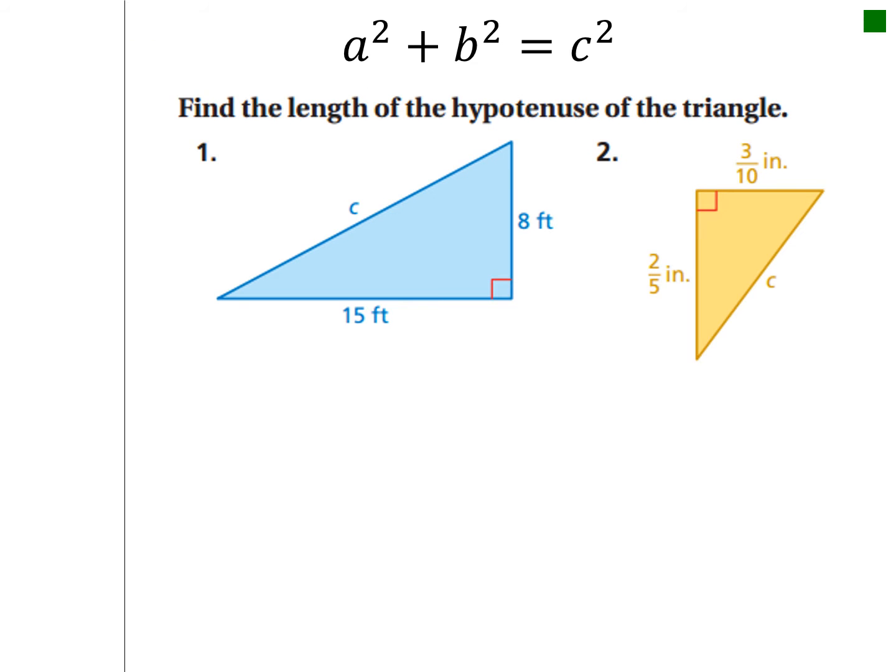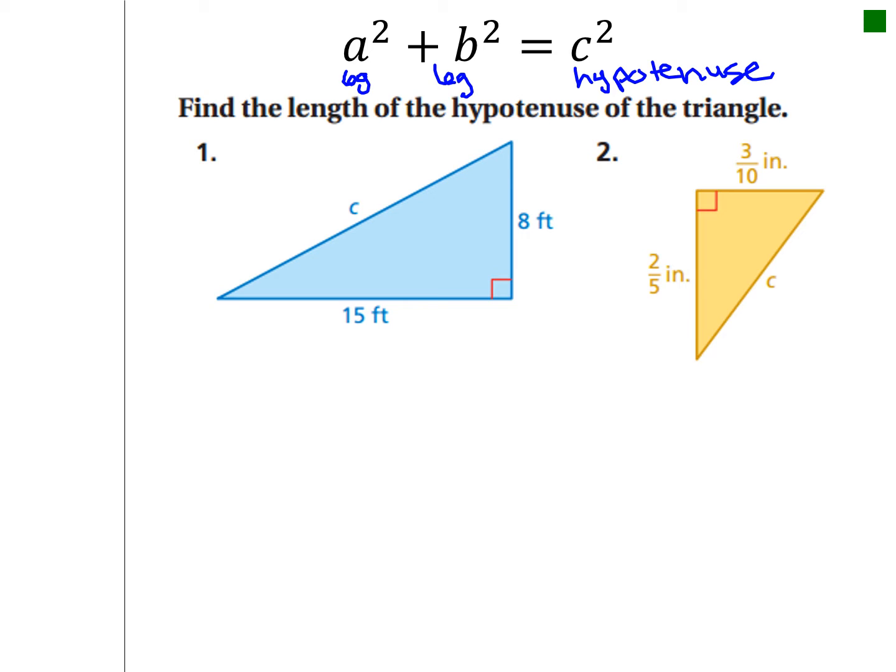Remember, A and B are always the legs and C is always the hypotenuse. So this equation reads that the first leg squared plus the second leg squared is going to be equal to the hypotenuse squared.